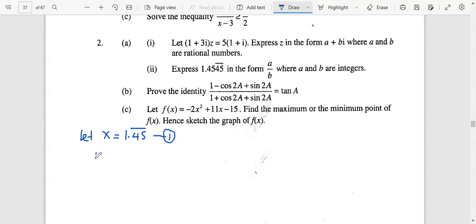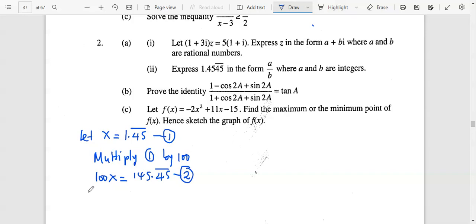This equation 1, I'm going to multiply it. I want to take the decimal point behind the number that is repeating. So multiply equation 1 by 100. So x times 100, that is 100x. 1.45 times 100, that will just be 145. I'll put a point and then put 45, just to make sure that the numbers after the decimal are the same in the two equations.